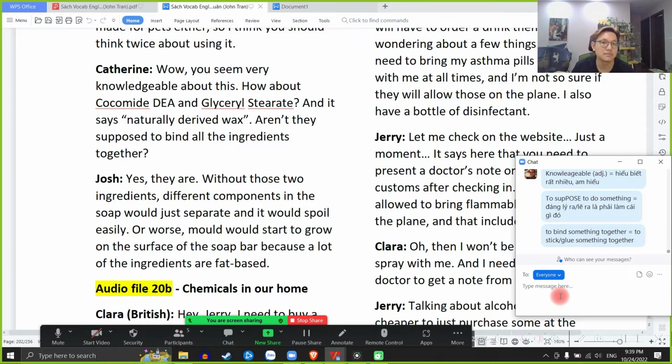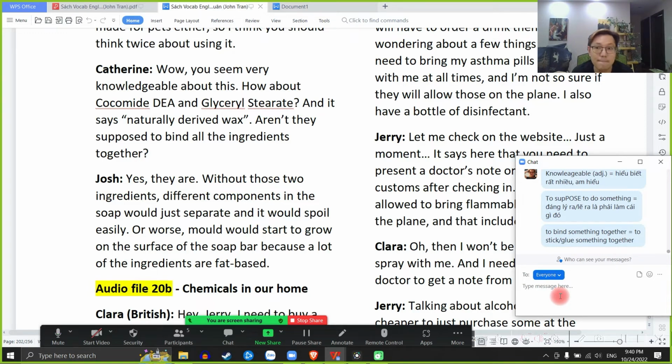Without those two ingredients, different components in the soap would just separate and it would spoil easily.